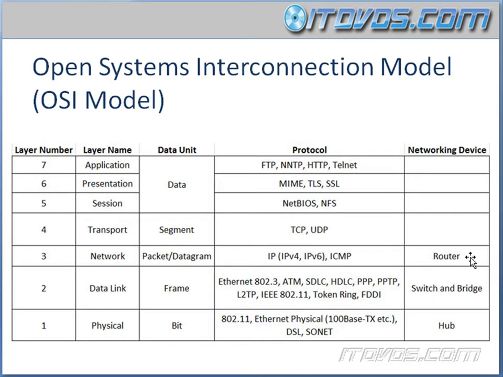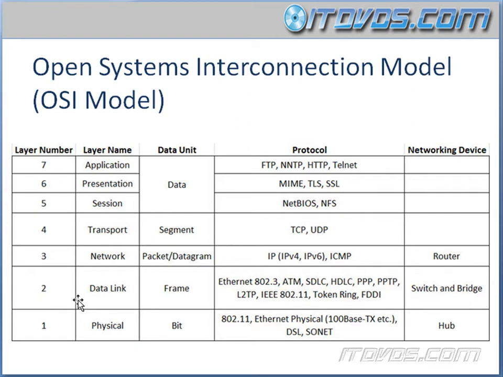It's very important to know layer 3 is where routers function because routers route packets based on their IP address. Some protocols that work on layer 3 are going to be IP version 4, also IP version 6, which we're going to be talking about as well, ICMP, and there are other protocols that work at layer 3. But these are the main ones we're going to be focusing on.